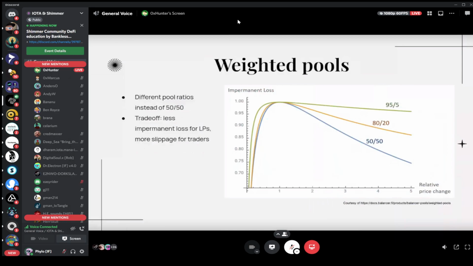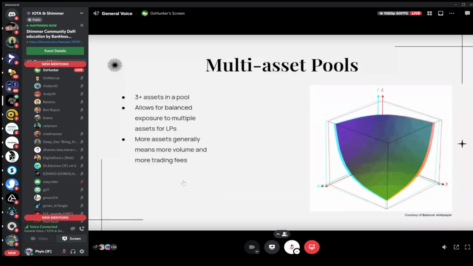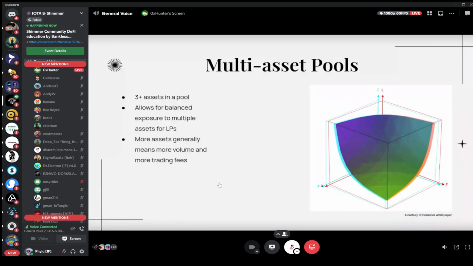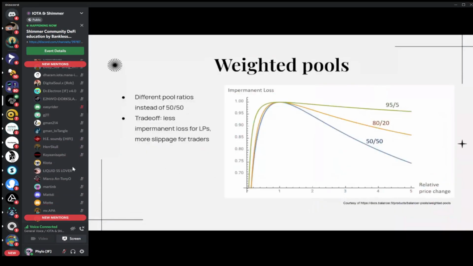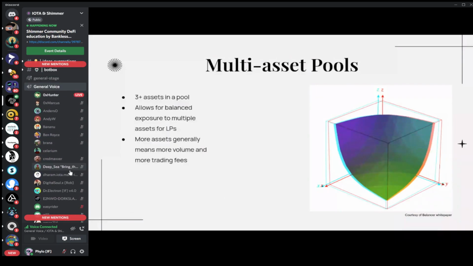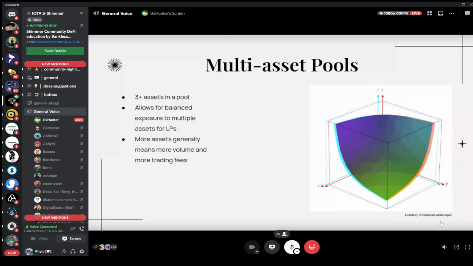Yeah. It gets really interesting if you combine some of these factors. Like if you combine weighted pools with multi-asset pools, you can get something that Balancer has, which is kind of like a liquidity position tailored to a portfolio that you'd like.